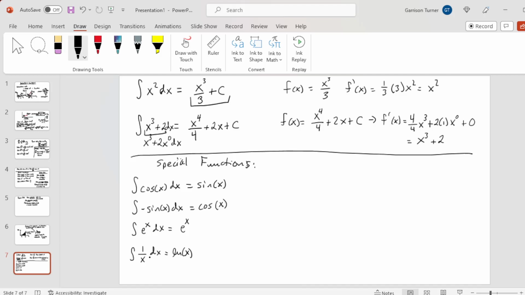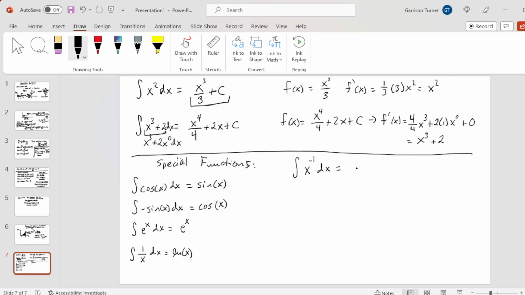Now, I should mention that 1 over x is the only power for which the power rule on the integration and differentiation doesn't work. I can differentiate 1 over x, but I can't integrate 1 over x using the power rule, because this is the same thing as saying x to the negative 1 dx.